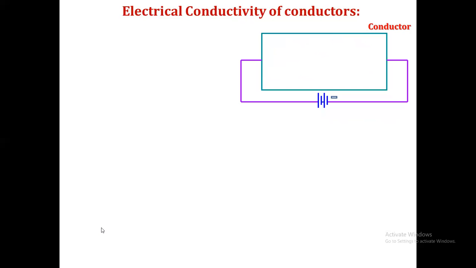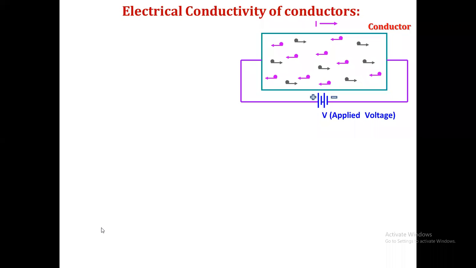Before that, you saw how electrons move and from where. The pink color indicates that the electrons move from the negative terminal towards the positive terminal, so that the electric current flows from the positive terminal towards the negative terminal. So this is the direction of electric current.